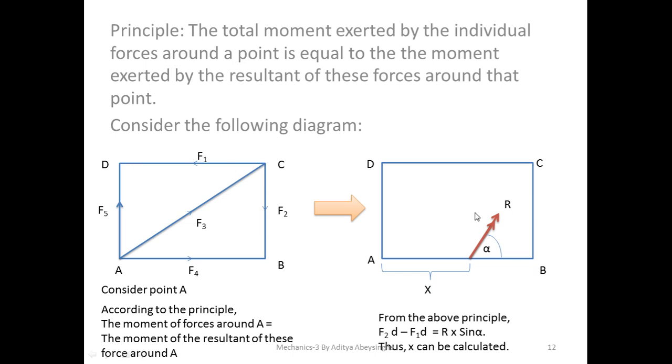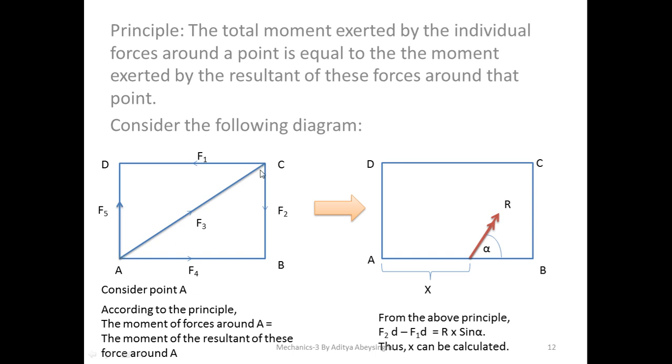So the principle is that the total moment exerted by the individual forces around a point. Say if you take a point A, since F5, F3 and F4 go through A, you can ignore their effect, and you have to take into account only the moments created by F2 and F1.